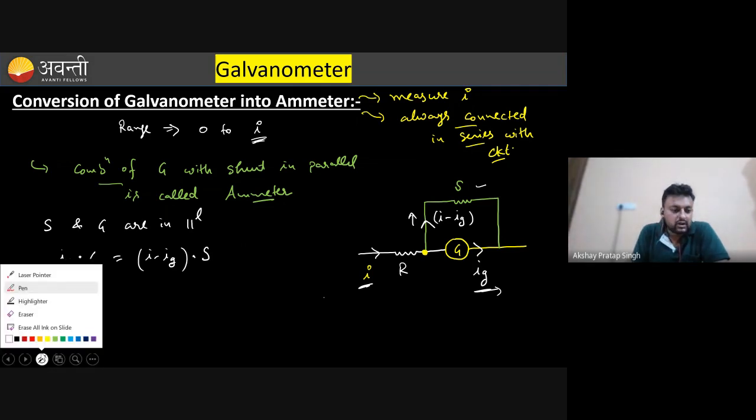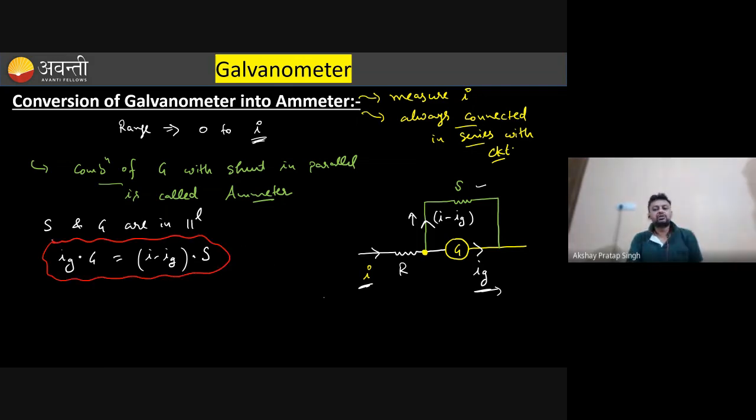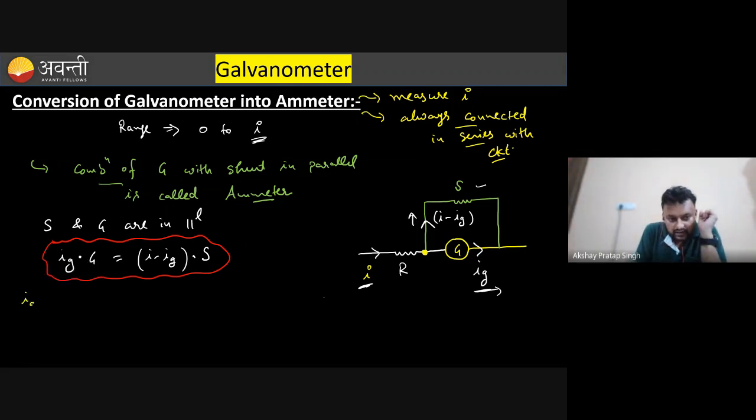So this is the golden equation whenever they ask you to convert a galvanometer into an ammeter: IG times G equals I minus IG times S. This is the equation that you must use. Now, what is the meaning of each term? IG is the full scale deflection current.